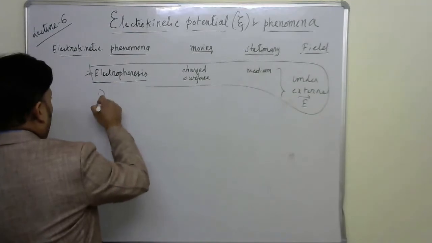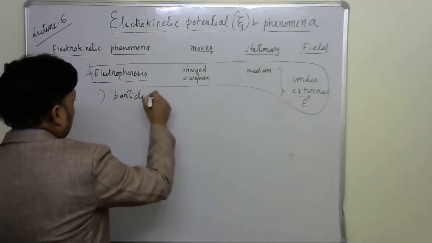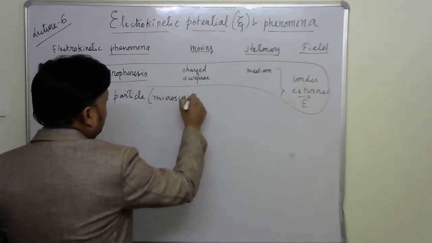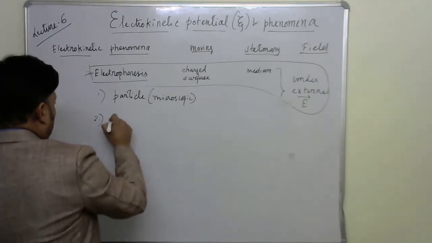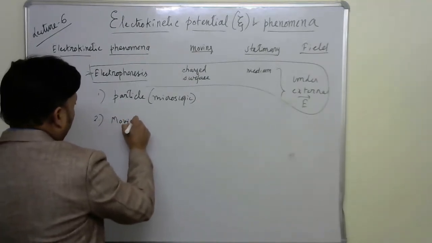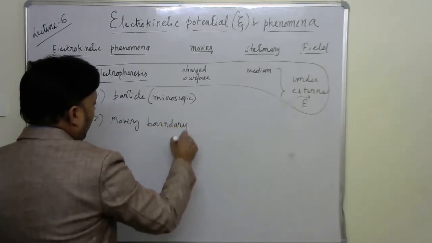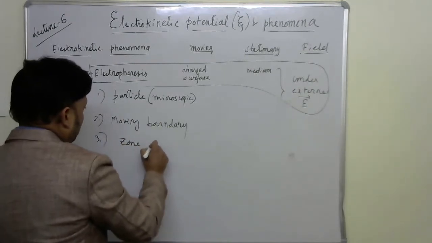Number one is called the particle electrophoresis, or sometimes the microscopic electrophoresis. The second is called the moving boundary electrophoresis. And the third is called the zone electrophoresis.